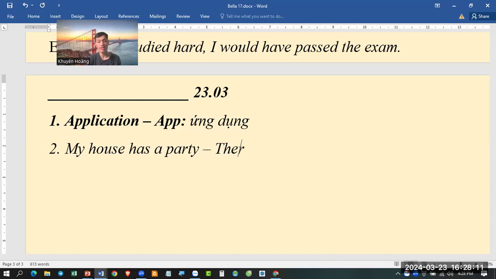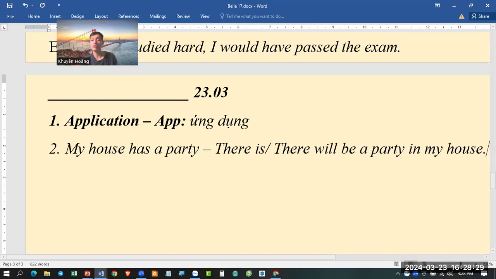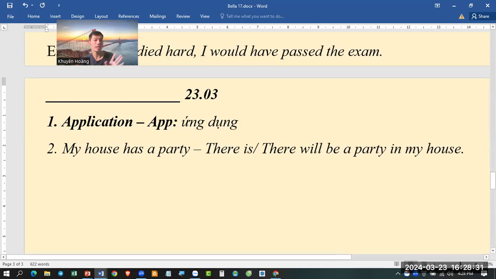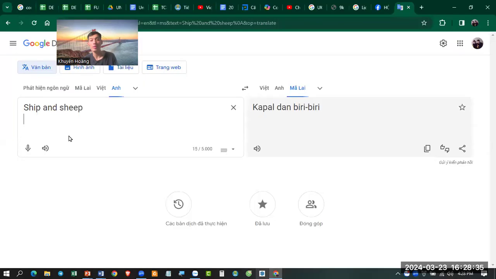You gotta say there is, or there is going to be, or there will be a party in my house. This one is correct, but this one is not. So I'm gonna explain this later. But now we are gonna look at here.